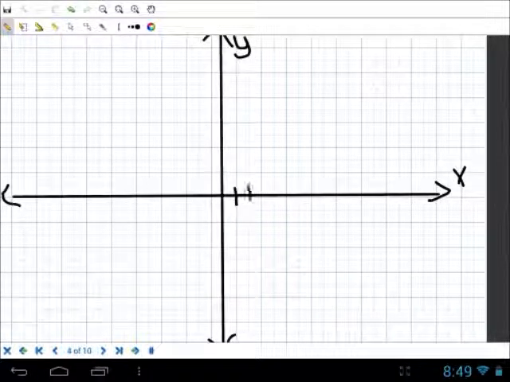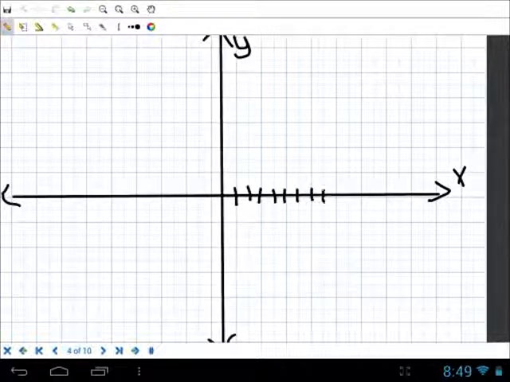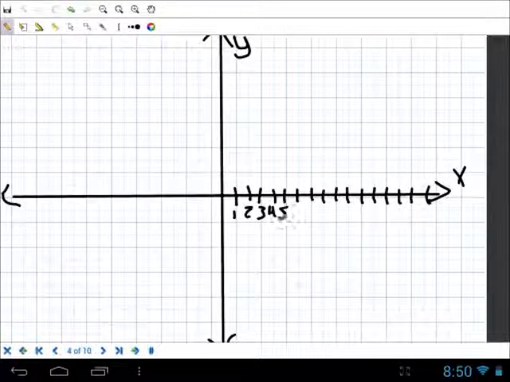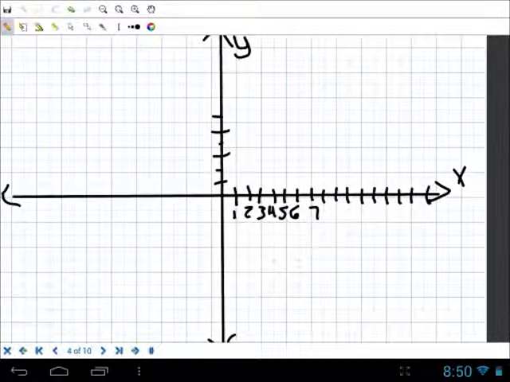Then from here, I like to draw lines on my graph paper every time that this blue crosses my x-axis. This way I can have a set interval, so I can call this 1, 2, 3, 4, 5, 6, so on and so forth, and the same for the y's.